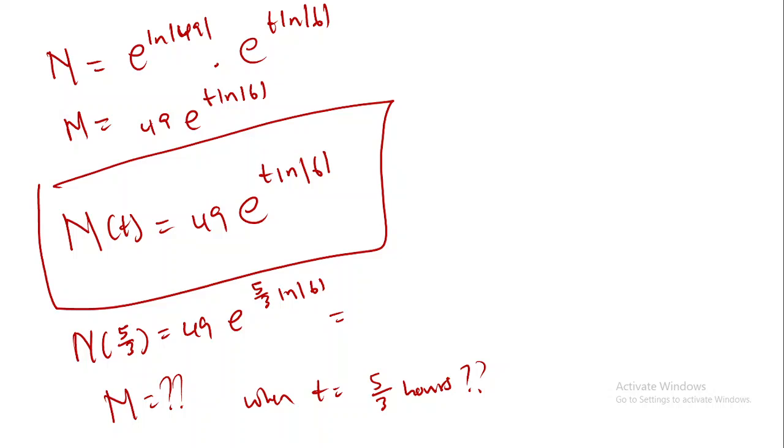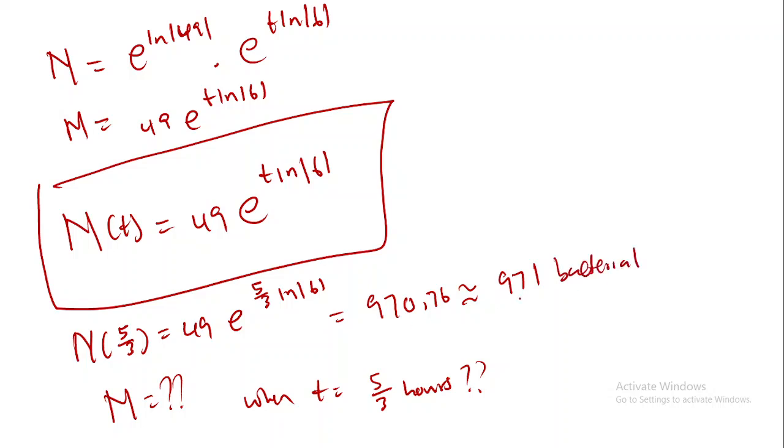49 times e to the exponent 5 over 3 ln of 6, you're going to get 970.76, which is approximately 971 bacteria.